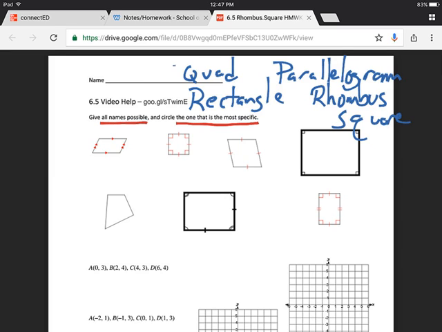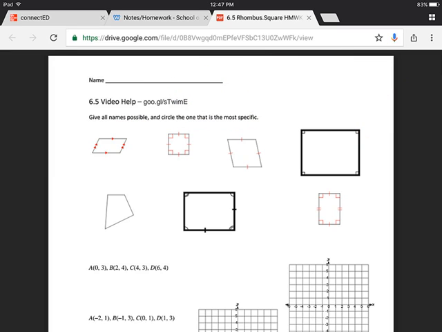Okay? So we got 1, 2, 3, 4, 5 options. Now it wants all the names possible, and then it wants the most specific.